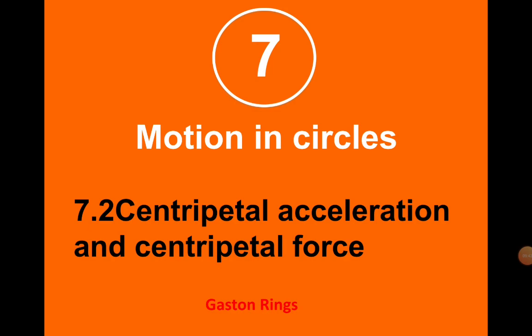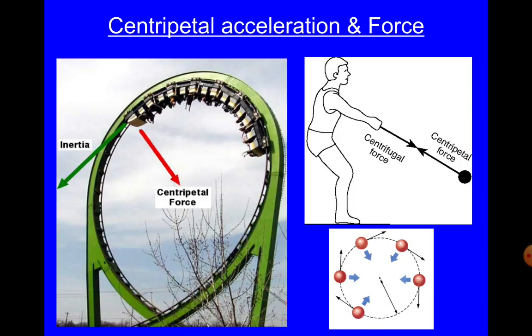Okay, we start with our next slideshow, and that is how the centripetal acceleration and the centripetal force are related to the motion in circles. We see here some different actions: inertia, and a roller coaster in a circular motion.